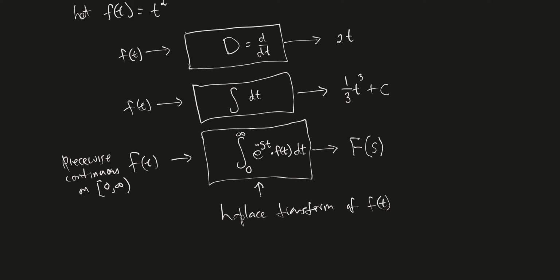And because Laplace is the last name of a famous French mathematician, since his last name starts with the letter L, just like how we have a D for a derivative, and now we have this kind of elongated S, I like to call them seahorses, for antiderivatives, we have a symbol for the L, and it's kind of the script L. And then we use braces for whatever reason, and we put the original function inside there, and then we end up getting this new big F of little s there, right? So that's the Laplace transform.